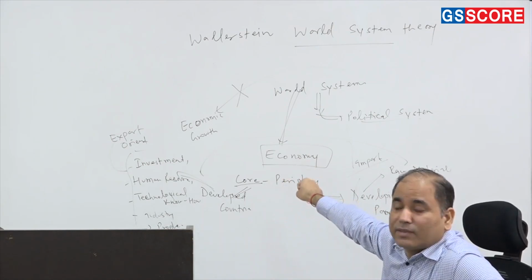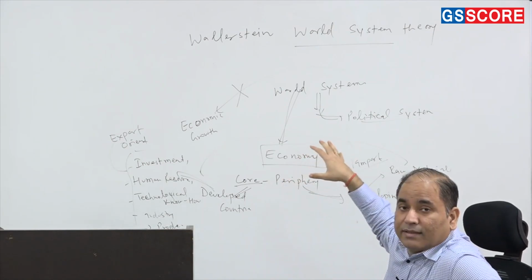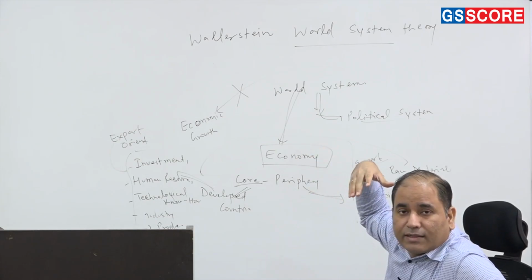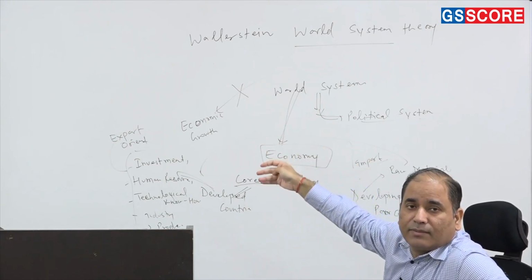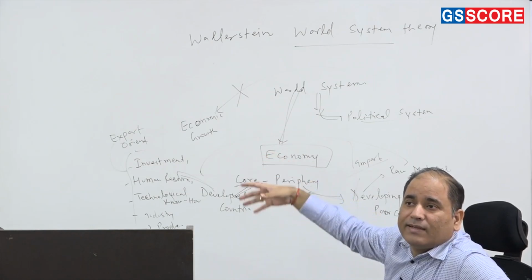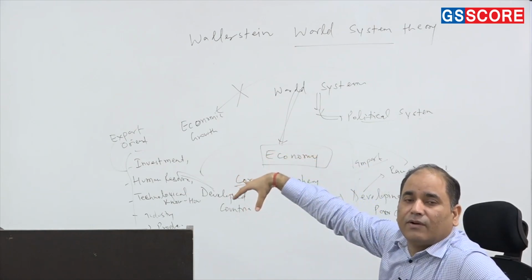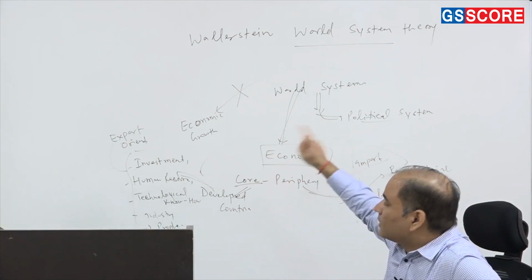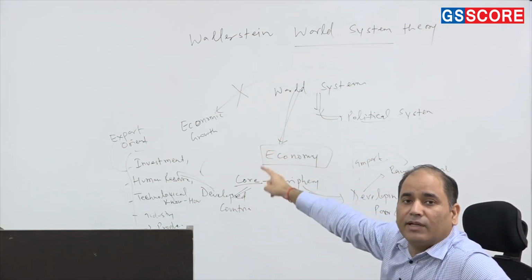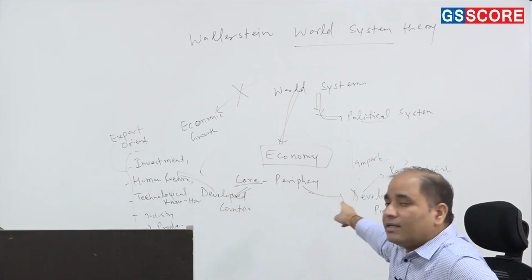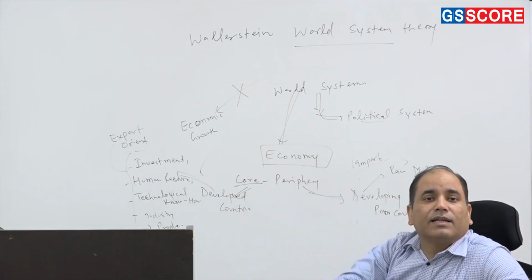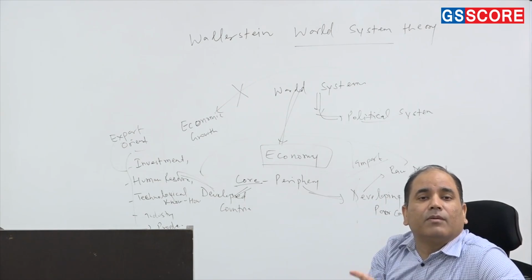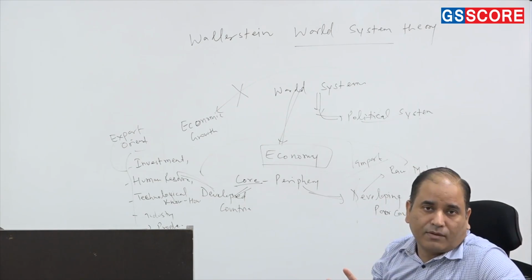This model of Wallerstein suggests that whatever inequalities we have, whatever problems we have, it is because of the model that we are following. It is because of this capitalist kind of model, where the developed countries just keep on developing, and the developing countries which have the raw material resources will always have problems related to development.